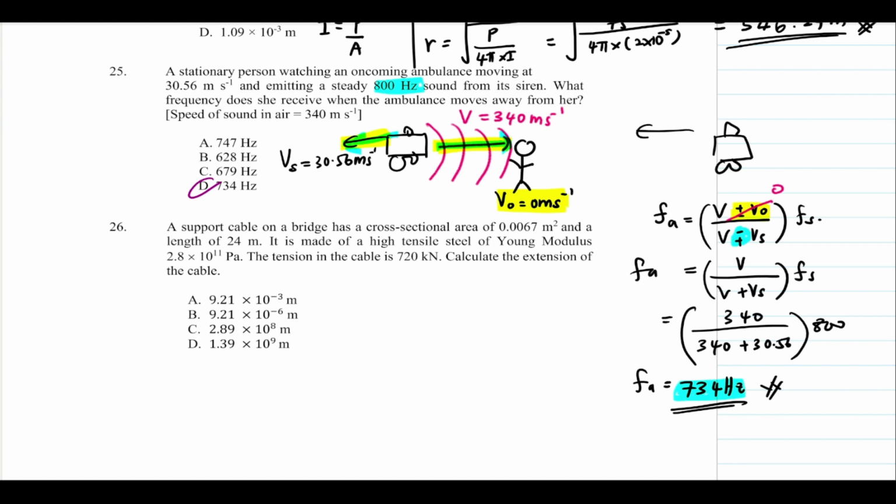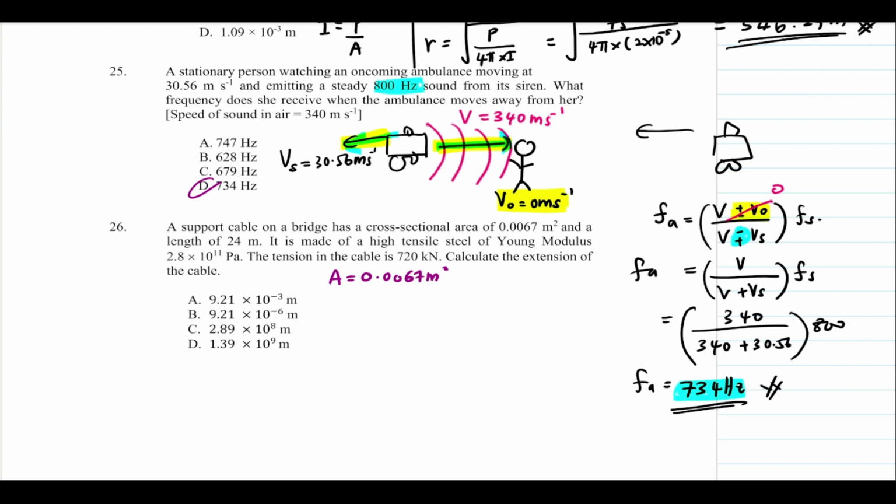Boleh? Okay, sikit lagi. So question number 6. A support cable on a bridge has a cross-sectional area. So tengok unit. So area dia dah bagi dalam unit meter squared. So tak perlu tukar. Kadang-kadang soalan nak perangkap kita mungkin you ada centimeter squared. So make sure you change to meter squared.